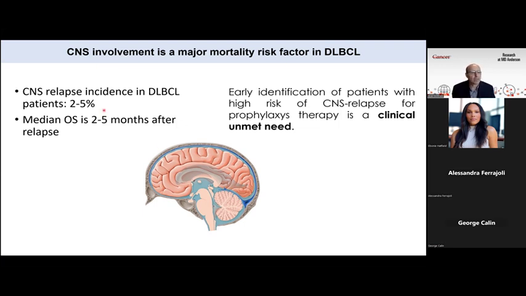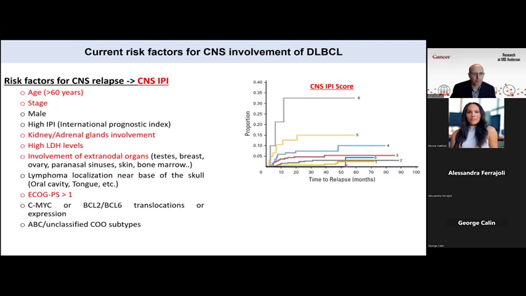What I have here is actually diffuse large B-cell lymphoma. This is how we started this work. CNS relapse is a severe outcome that is an indication of very poor prognosis.